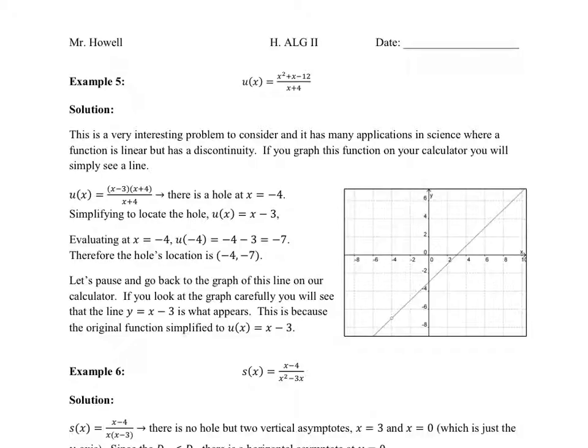Symmetric, right? Symmetry of the graph. You see the vertical asymptote on the other side, and you see those curves, you need to check if you're missing something.